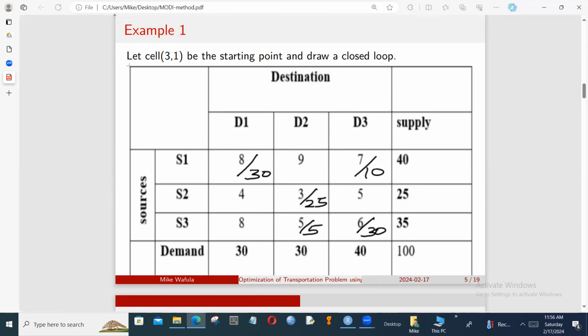But we want to draw a closed loop starting with now cell 3,1. So specifically, we want this to be our starting point and draw a closed loop. Maybe you try to draw from your end, or maybe we draw this one together, and then the second one, for example, I can allow you to. So from here, we either move horizontally or vertically to a direction where there are units allocated.